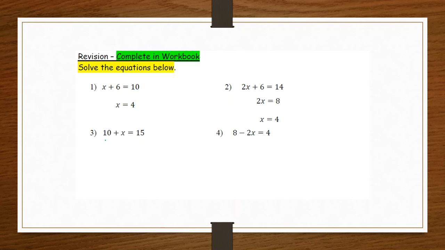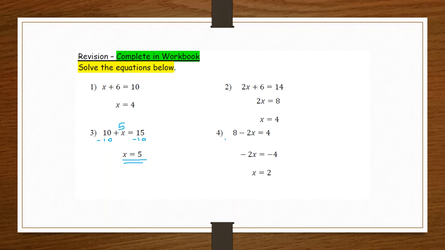So for question 3, we have 10 plus x equals 15. We take 10 from both sides. You can see that we get x equals 5. So 10 plus 5 is 15.